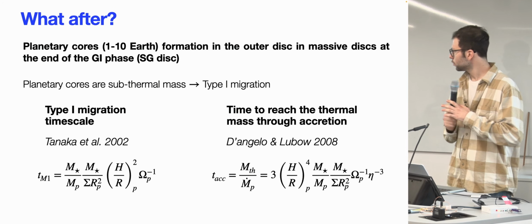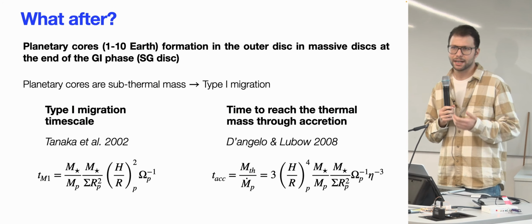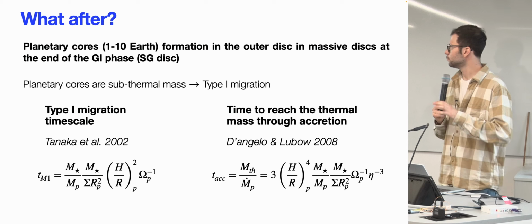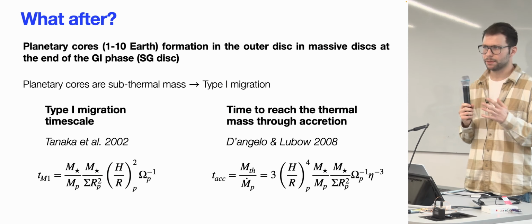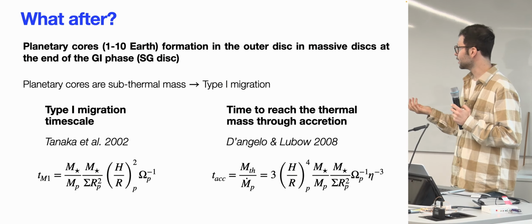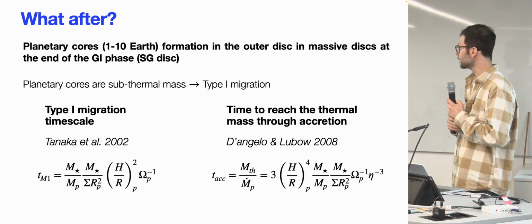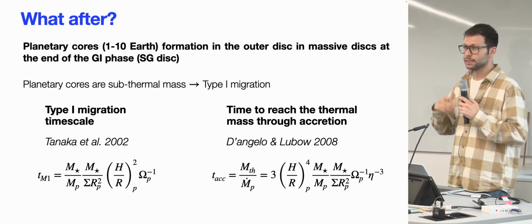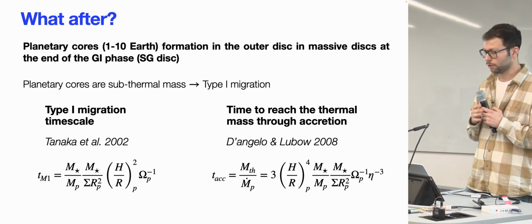I just want to spend a couple of words on what happens after to these planetary cores. We show that it is possible to form planetary cores, objects of 1 to 10 Earth masses, in the outer disk of a very massive disk. But this core will eventually undergo planet migration.